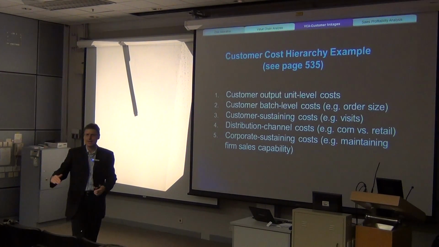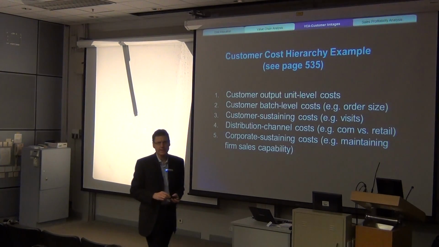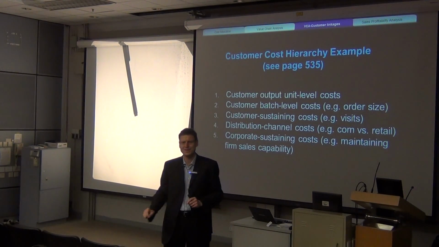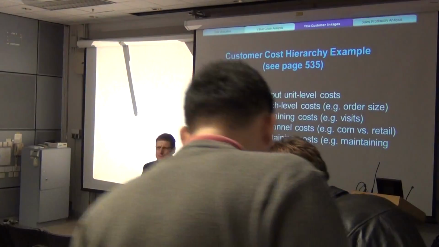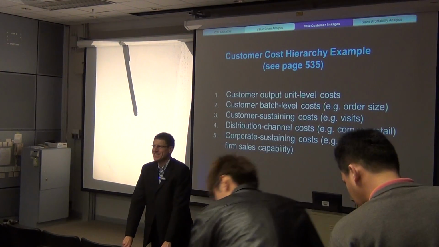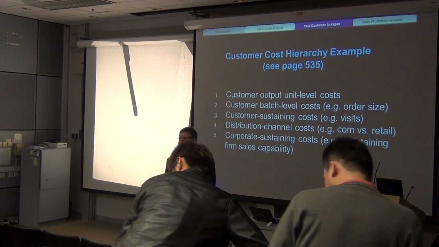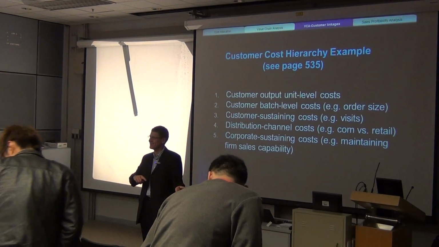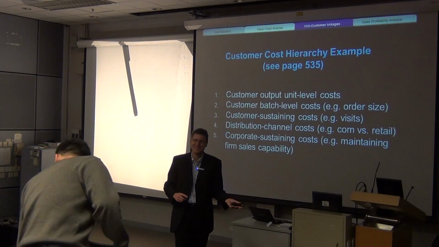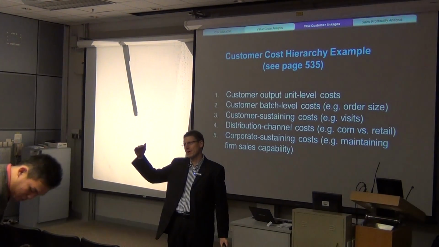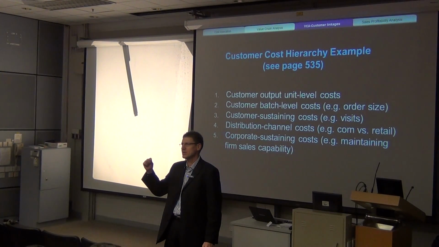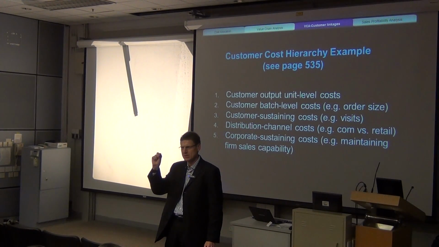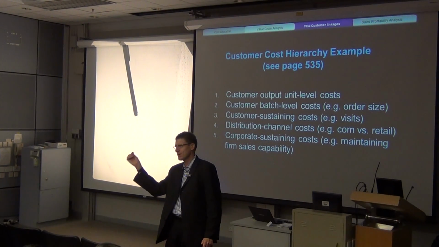With that hierarchy, all we are saying is that the cause and effect is different. Remember, what did we say right at the start? What's the basic principle for cost allocation? Cause and effect, benefits received. That's what the hierarchy is about. At the unit level, there's a cause and effect between shipping one extra unit and the cost.